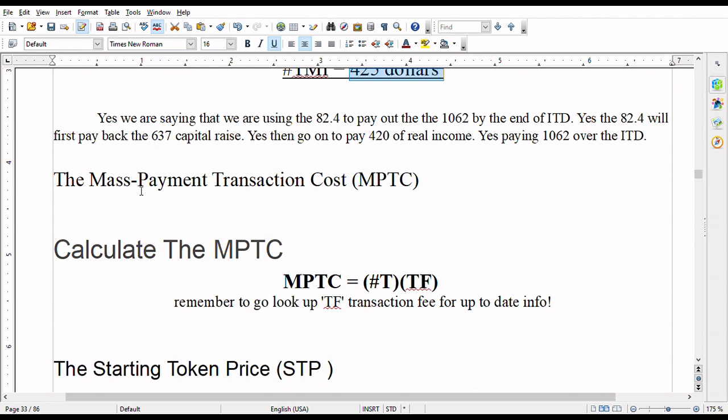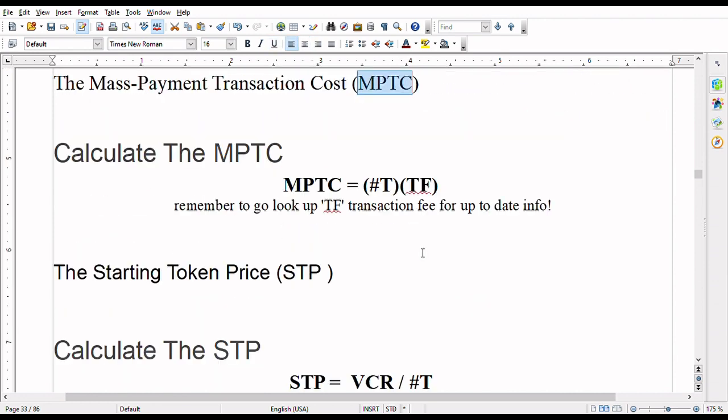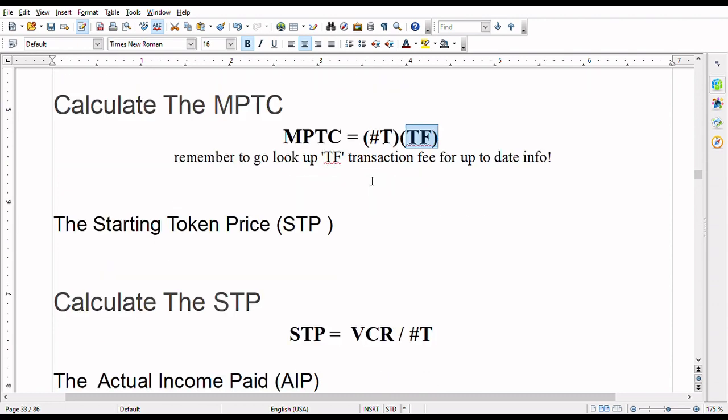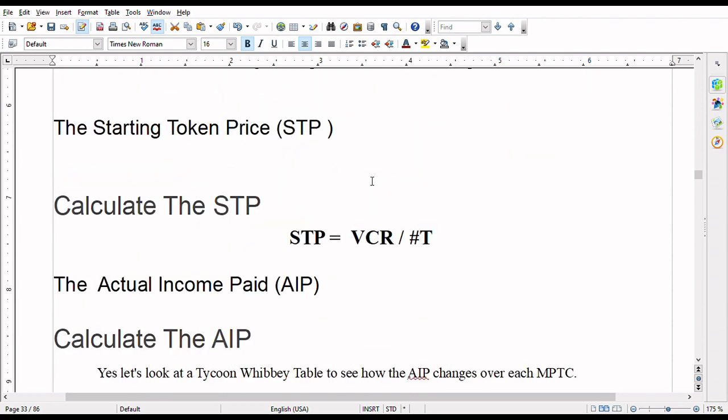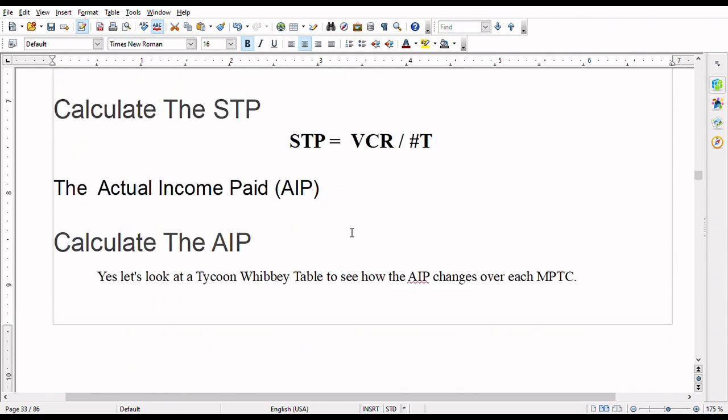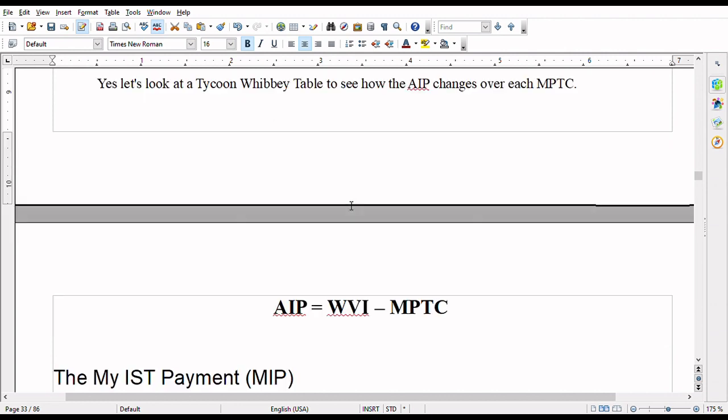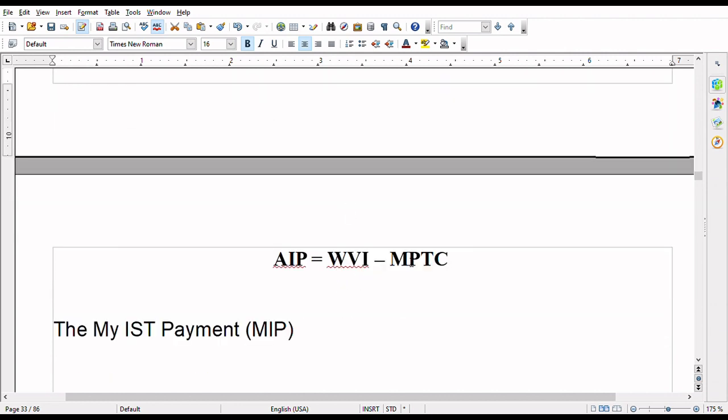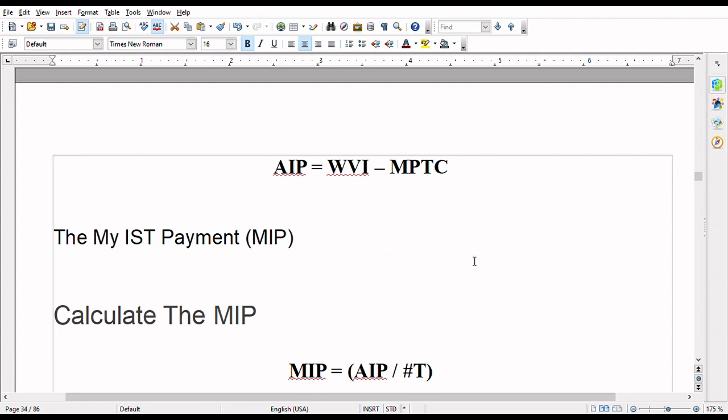And that brings us down to our next set of variables, the MPTC. We remember that it is the hashtag T times the TF, because we have to see the fees we have to pay to send it to everyone all at once. And we see the STP is equal to the VCR divided by the hashtag T. And the AIP is equal to the WVI minus the MPTC.